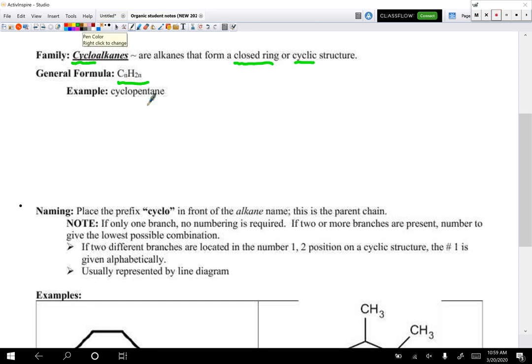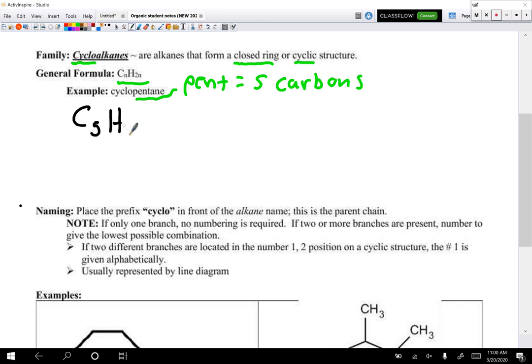So if we have something like cyclopentane, where we know pent is equal to 5 carbons, that means to figure out the general formula for cyclopentane, we go C5H2 times 5, or C5H10. Basically that means we have the ends of our normal pentane molecule connected to make a closed ring.